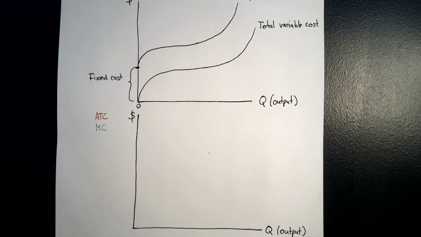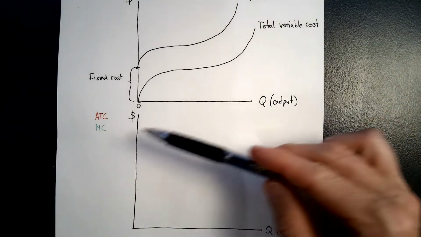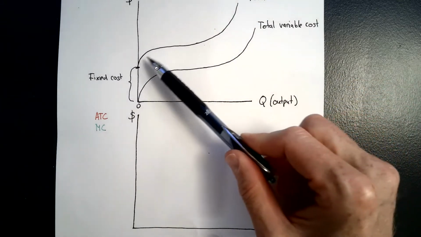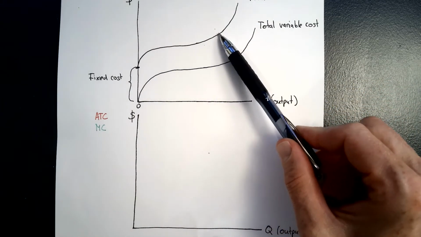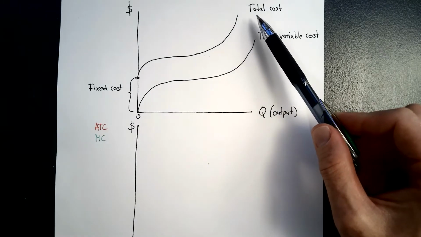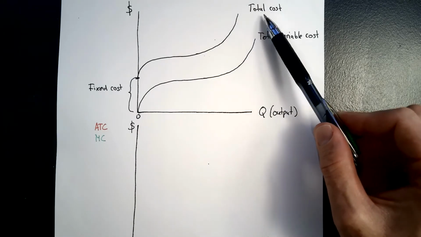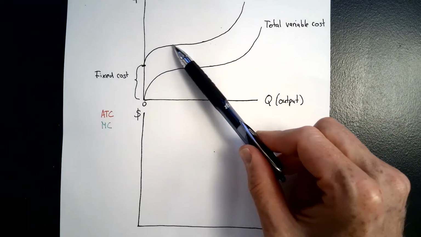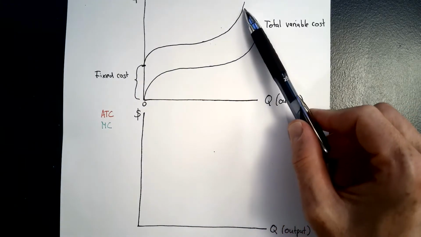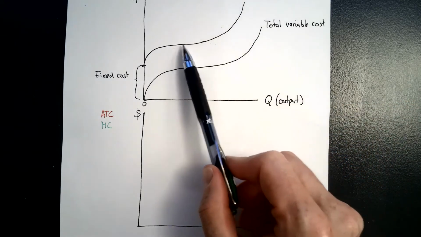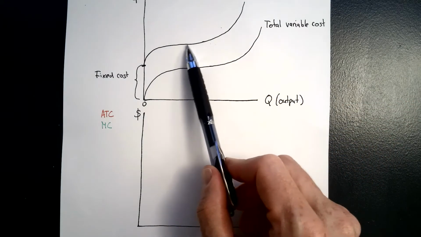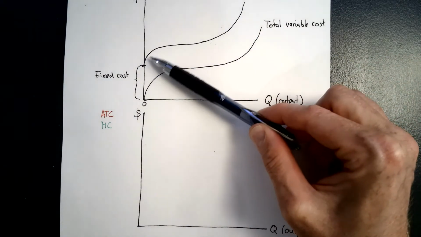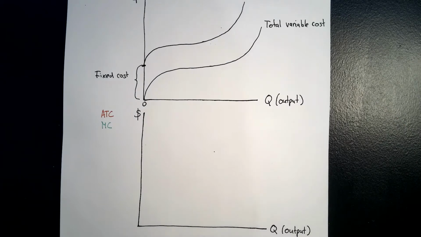Now, if you're thinking about the marginal cost function, then we said that this represents the steepness of the cost function. For this purpose, I'm going to talk about the total cost function. You can see that here the total cost function is very flat, whereas here, as well as here, the total cost function is very steep.